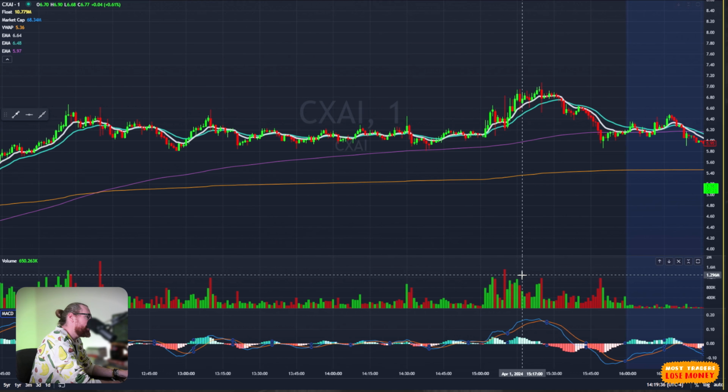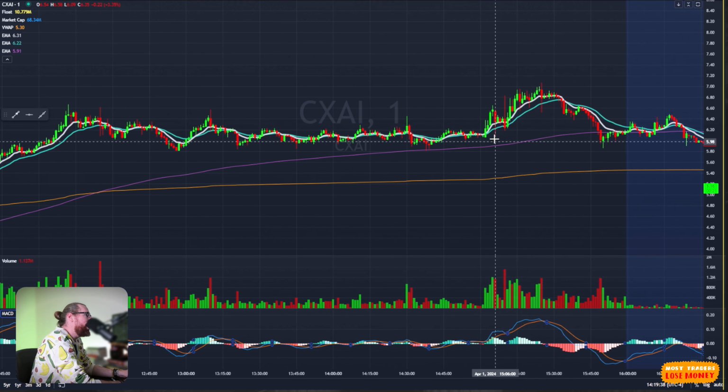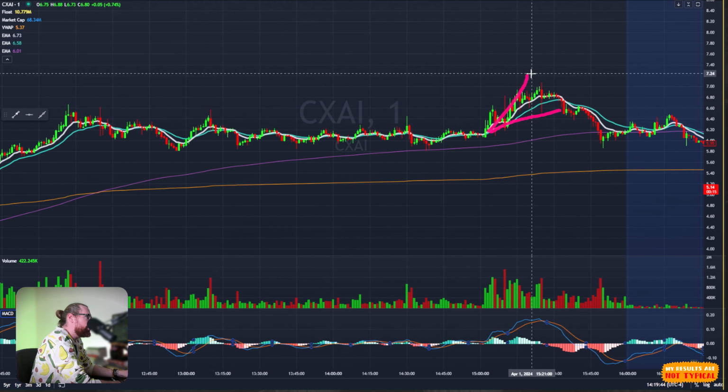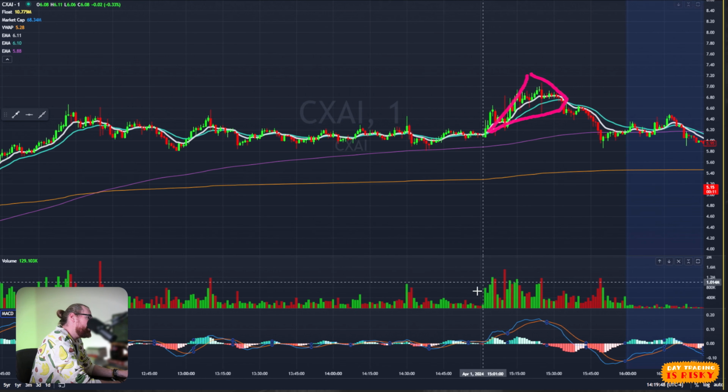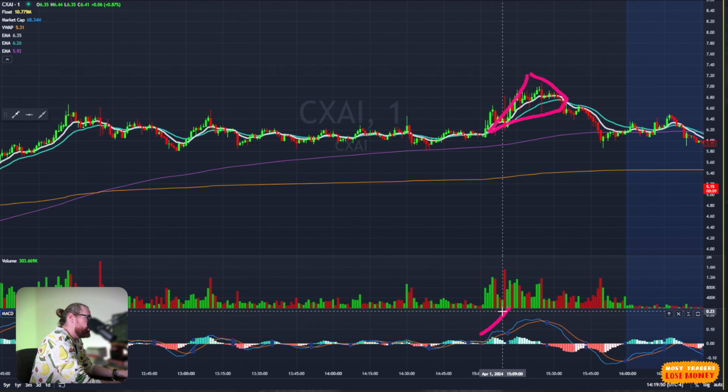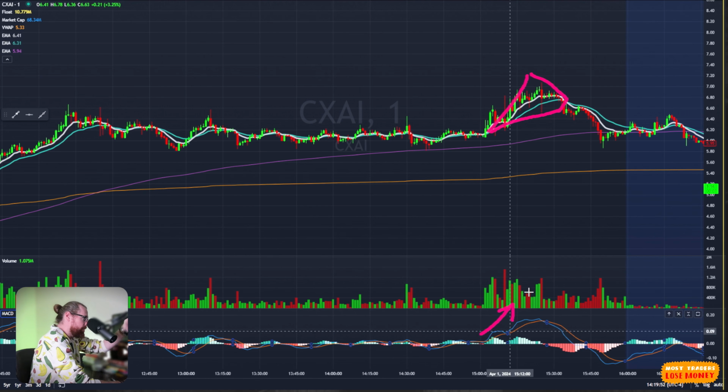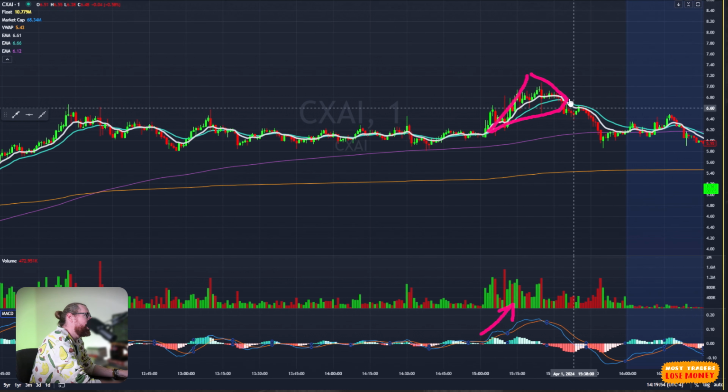What it's doing is showing you when the moving averages are diverging, which is when they're moving apart, and when they're converging, which is when they're coming back together. When they're diverging to the positive, as they are here, the price is almost always moving up. When they're converging and coming together, the price is going into a period of consolidation.